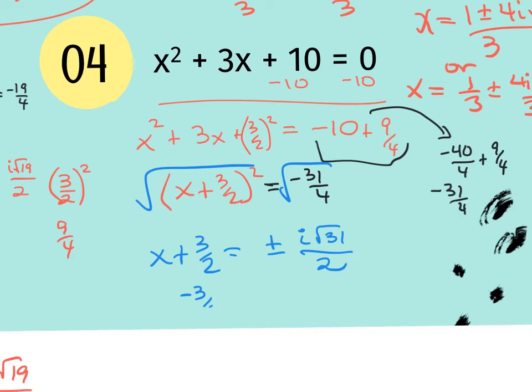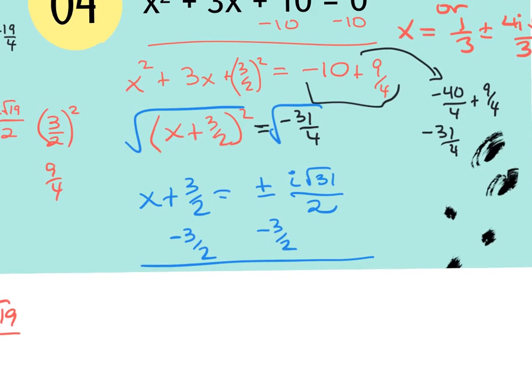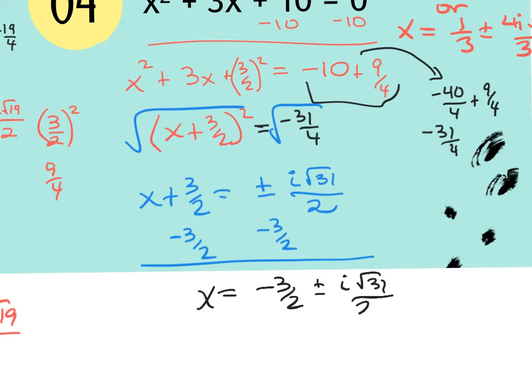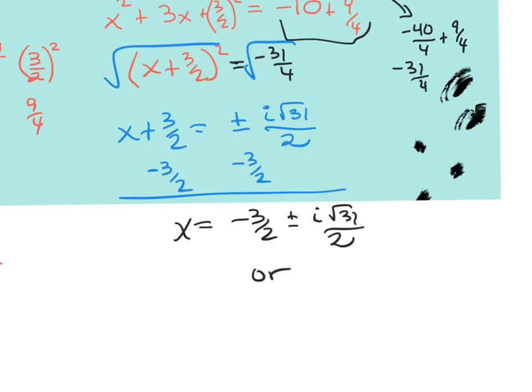Move over the 3 over 2. And you get x equals -3 over 2 plus or minus i square root 31 over 2. If you want to make it with just one denominator, you can write it like this and just put a 2 underneath.